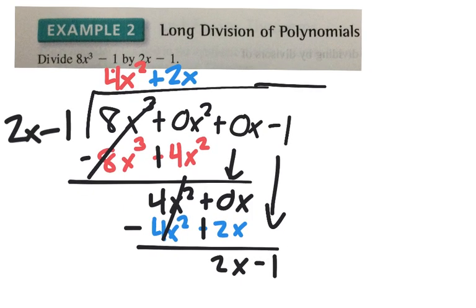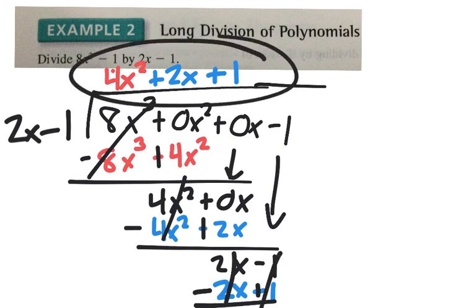So now I've got 2x. I want it to be 2x, so I just need to multiply by 1. 1 times 2x is 2x. 1 times negative 1 is negative 1. And now I change the signs. Everything cancels, which means when I divide, I'm left with 4x squared plus 2x plus 1.